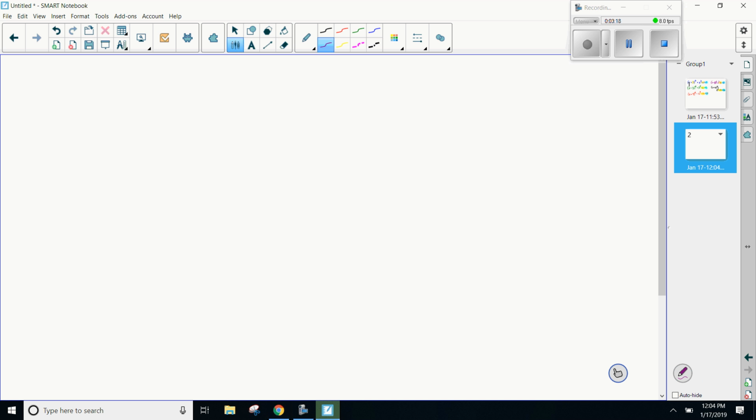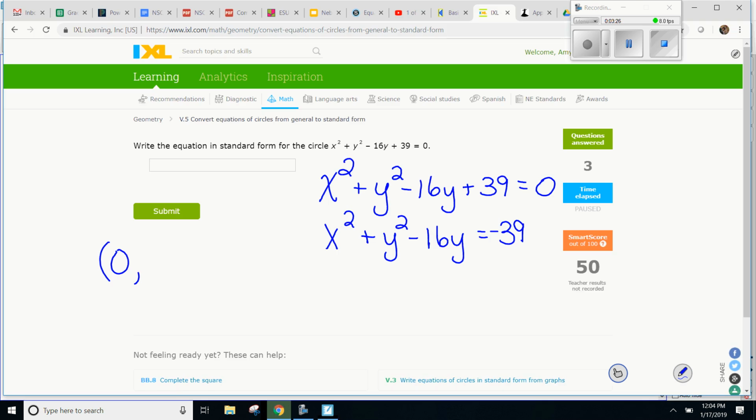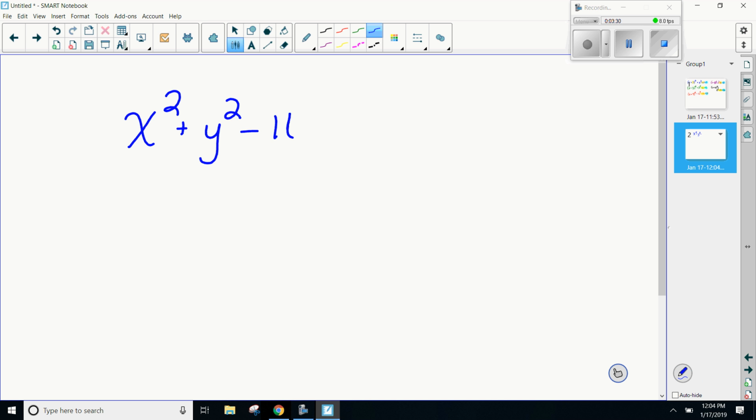So if we go back to this equation right here, x squared plus y squared, oh shoot, I forgot, plus 16 minus 16y. Minus 16y plus 39 equals 0. Okay, so if I give you this right here, everybody there for a second? Everybody see where I'm at?